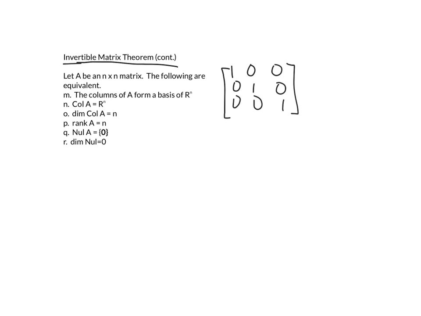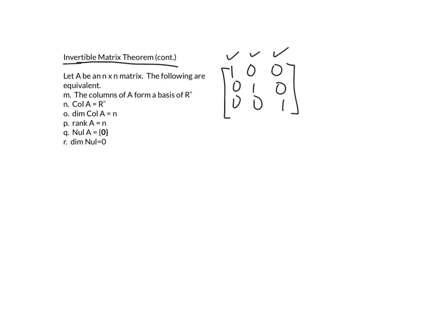The first thing says, if we have an invertible matrix, then the columns of A form a basis for Rn. We see that to be true because we know that our standard elementary basis is indeed the columns of our identity matrix.